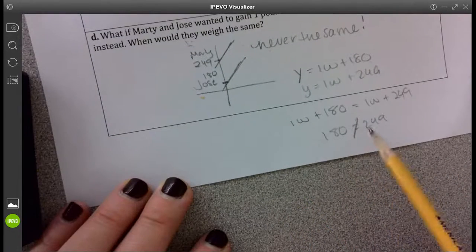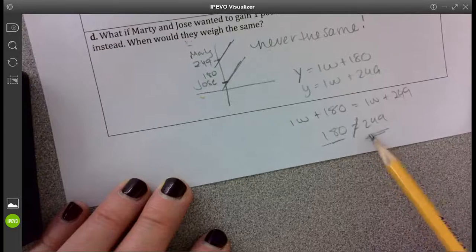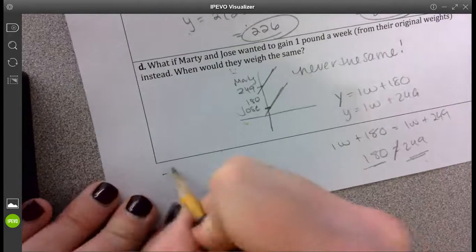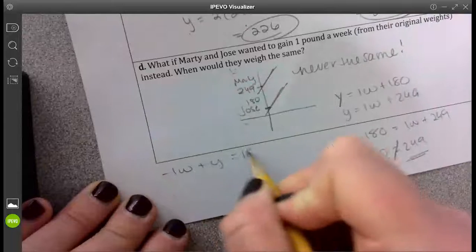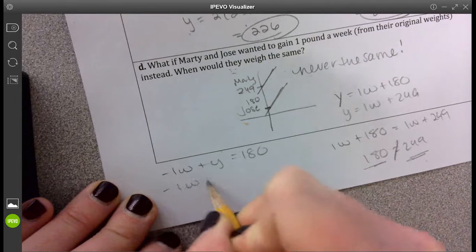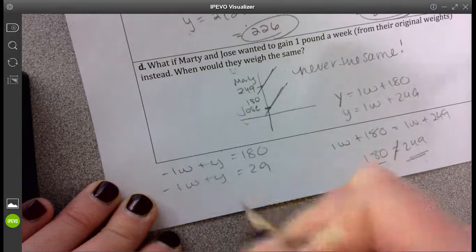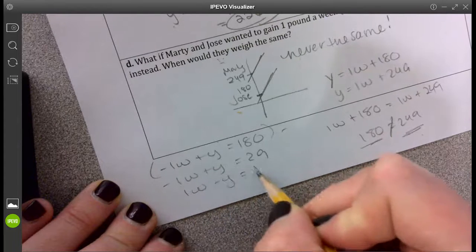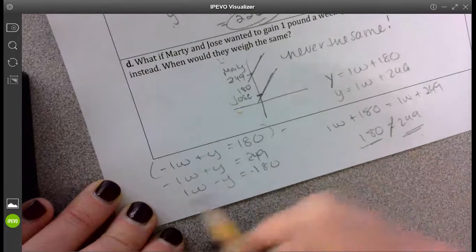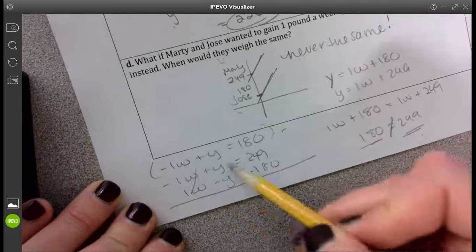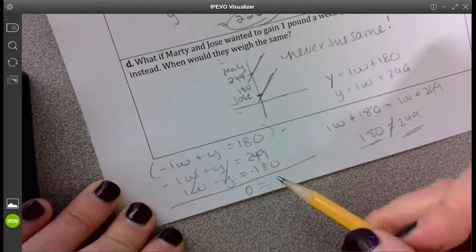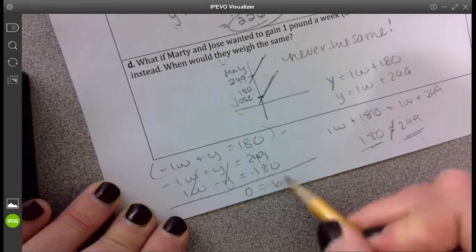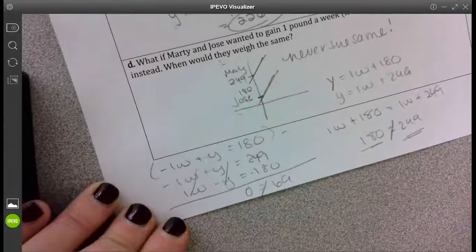If we use substitution, we'll get 2 unequal amounts. If we use elimination, we will get negative 1w plus y equals 180, and we will get negative 1w plus y equals 249. If we negate the 1, the w's will cancel, the y's will cancel, and you'll get 2 things that don't equal each other.